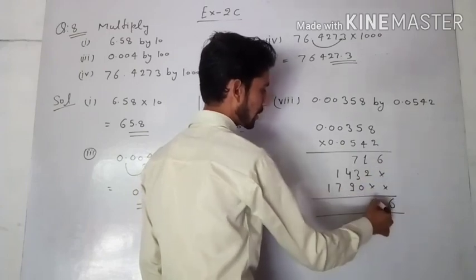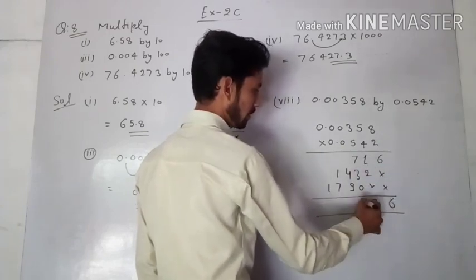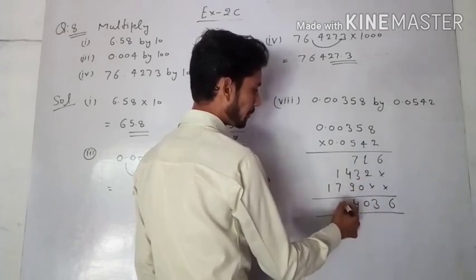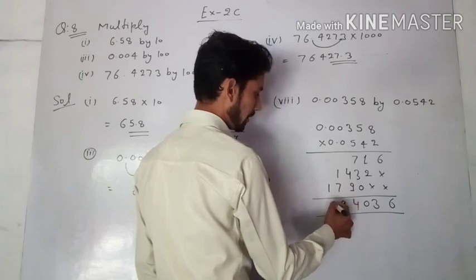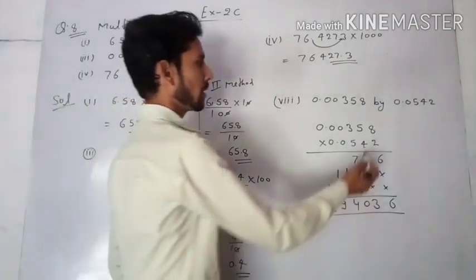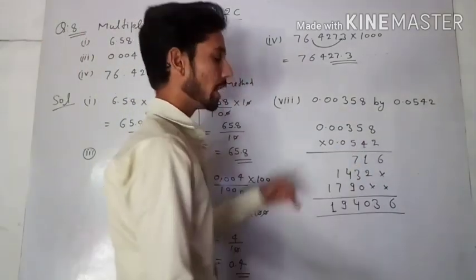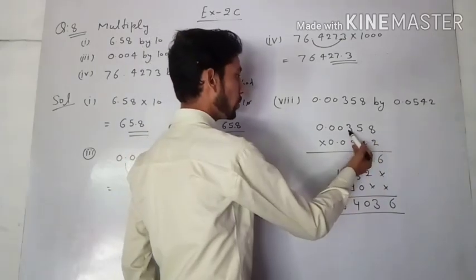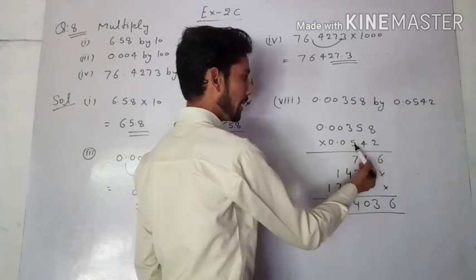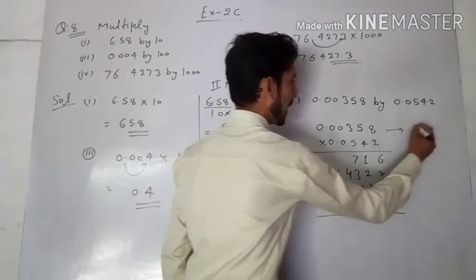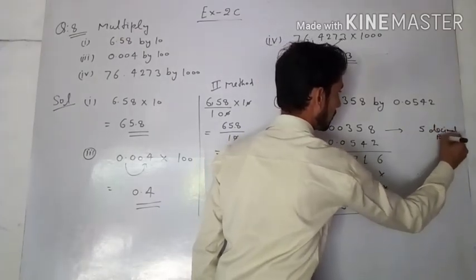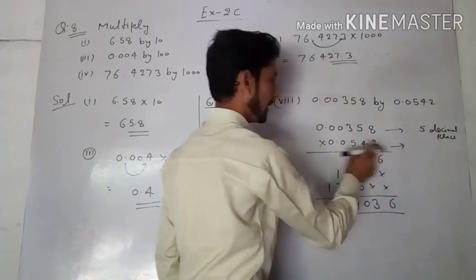Add all of them: 6, 3, 10 carry 1, 13, 14, 8, 1, 9. Now take the decimal. Count the places after the decimal: 1, 2, 3, 4, 5, and here also, 6, 7, so 7 decimal places, 5, and here 4.